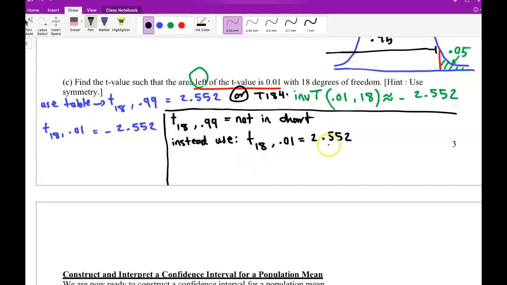So the final answer based on what we have here is equal to negative 2.552, exactly what I did here on this board. So I only wanted to explain more that since we don't have this one in the chart, that's why instead of using this one, I use this and then multiply by negative.